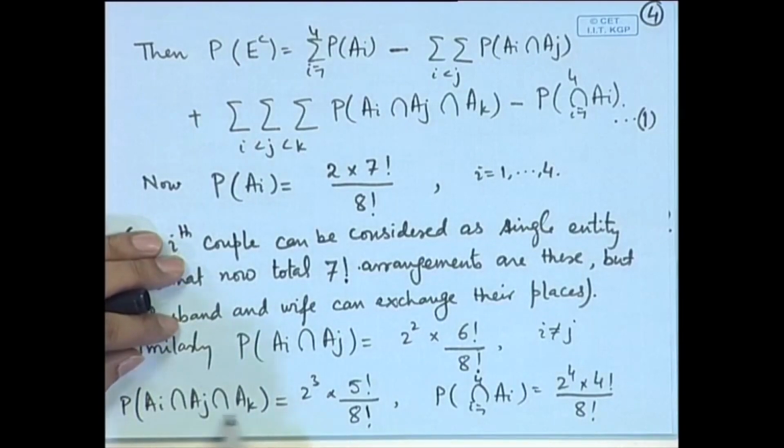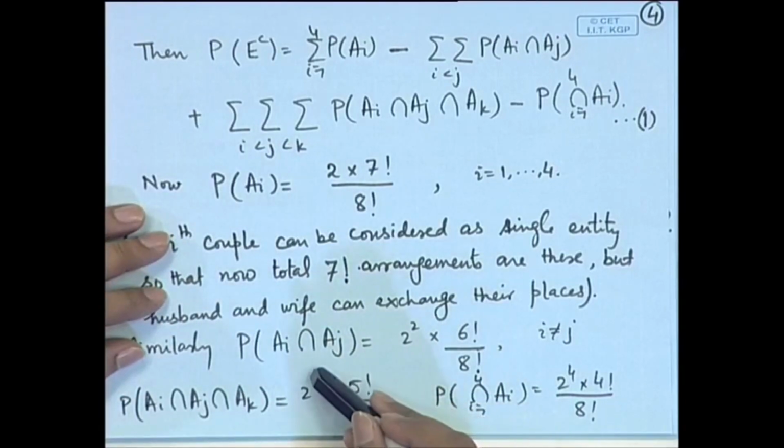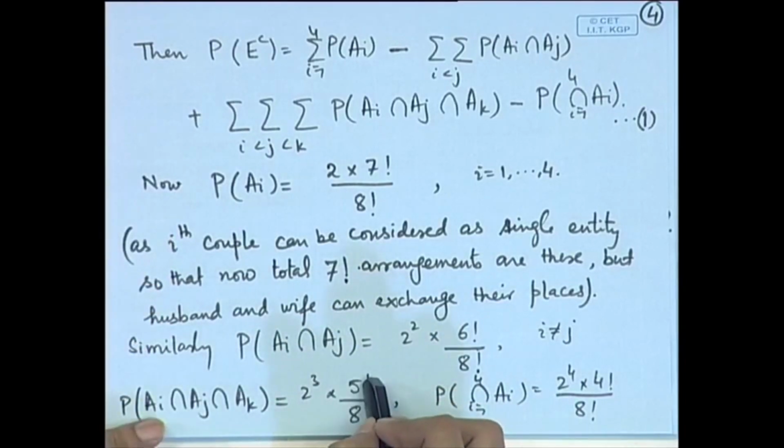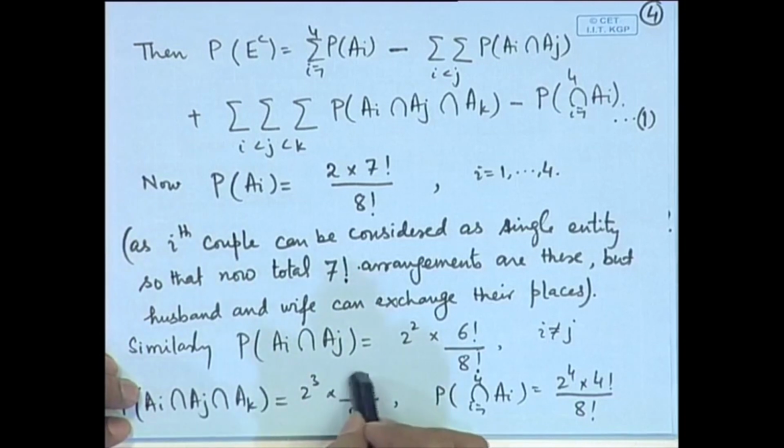In a similar way, if we consider the ith, jth and kth pairs of couples sitting together, then the total number of arrangements could be only 5 factorial into 2 cube. Let us look at this. If we have fixed the 3 couples, then one extra couple is left, whom we are treating as separate. So, that is 2 persons, and these 3 couples will be considered as 3 persons. So, the total number of persons will be 5.